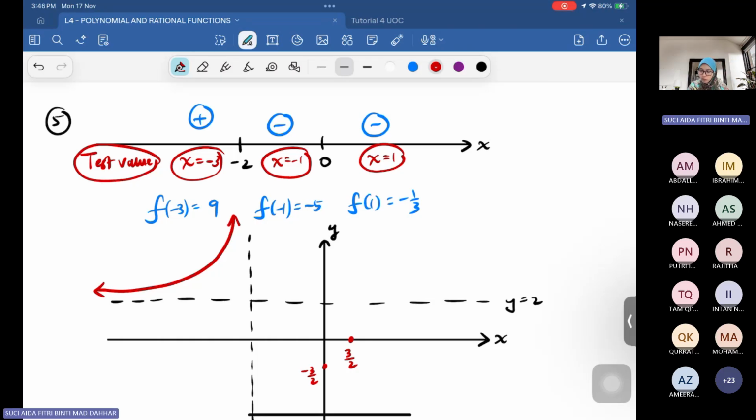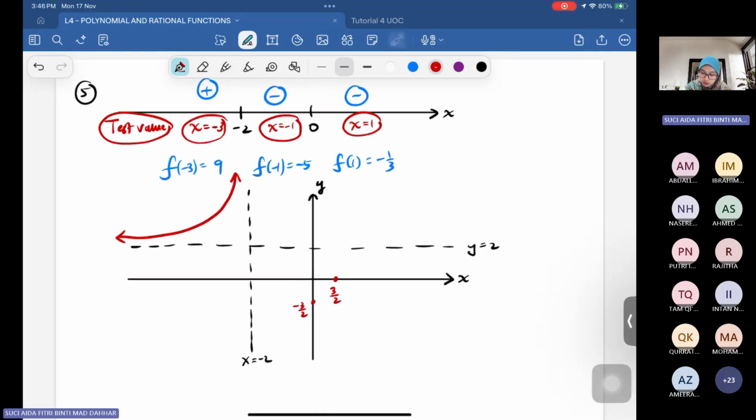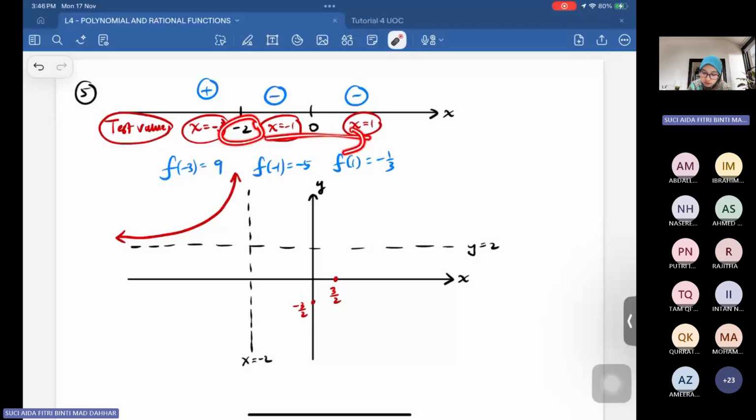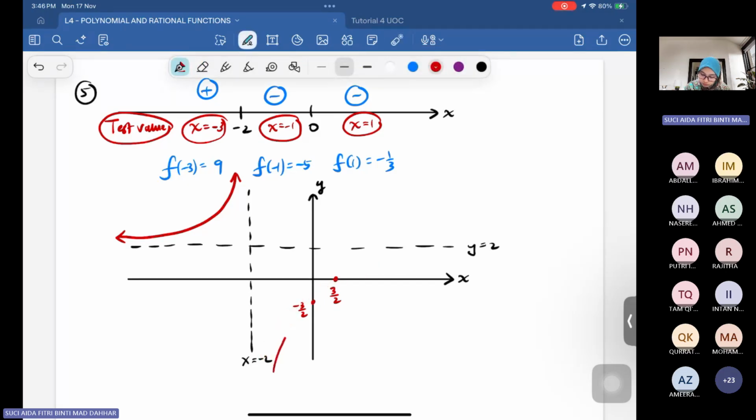Meanwhile, for the other graph down here, between negative 2 onwards to the right side, they are all negative. That means they are all below here. So you can sketch below. That clear?